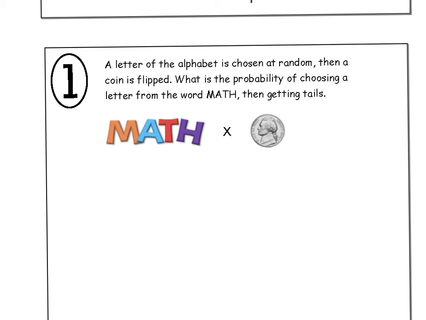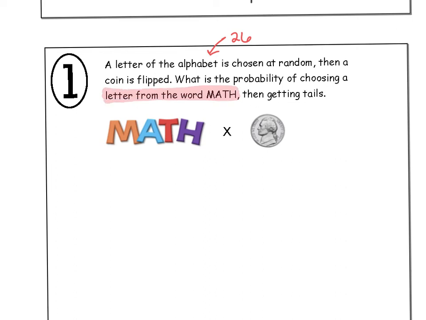All right, so my first event is choosing a letter of the alphabet. How many letters are there in the alphabet? Well, if you can't remember, there are 26 letters in the alphabet. And then I'm choosing a letter from the word math.